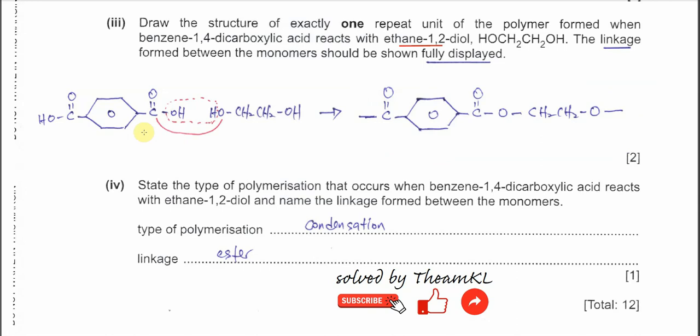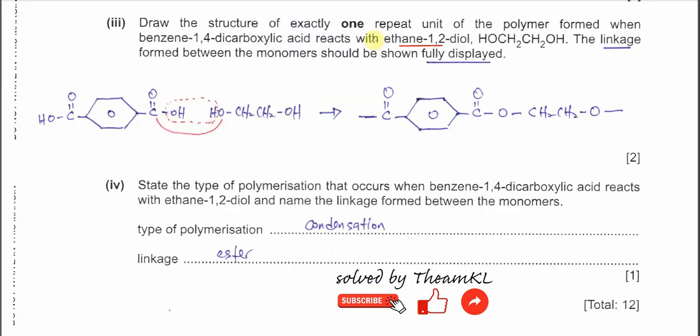Now the carboxylic acid group and this alcohol group will react and undergo condensation. The OH from the COOH will be removed together with the hydrogen from the alcohol, right here, see the dotted line there? Then the new C-O bonds will form here. This is the ester linkage.